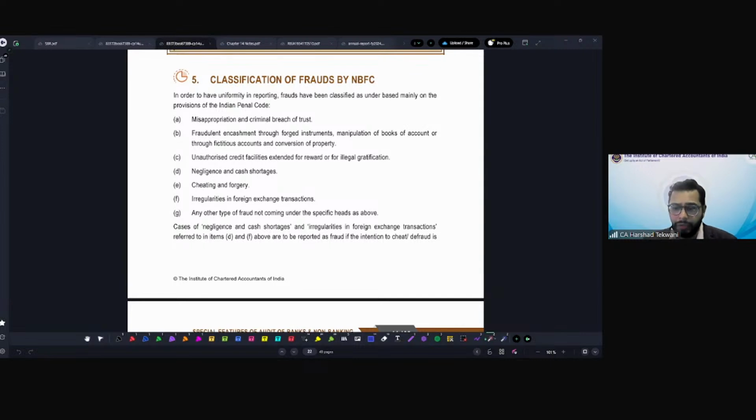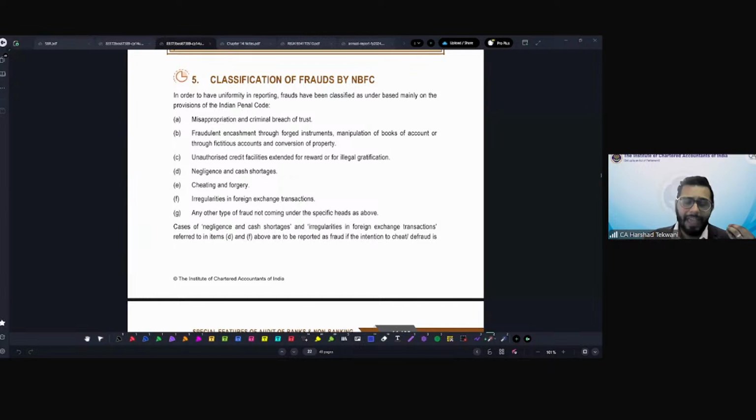So that was the background about classification of fraud by NBFCs, the role of the auditor, and what NBFCs and auditors are required to do. The next part I want to discuss is the core audit facility.